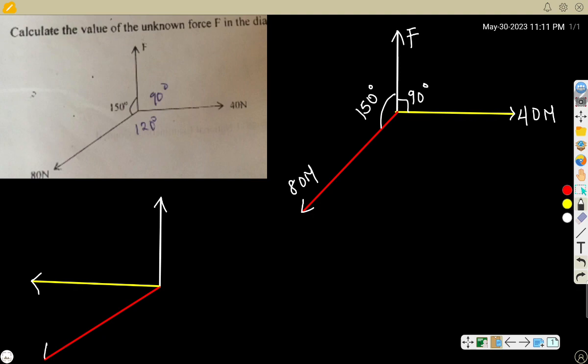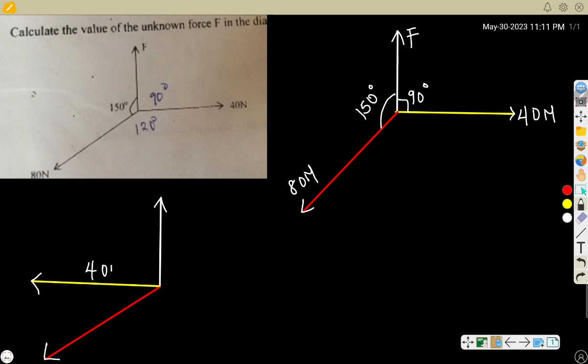Sorry, the arrowhead is in the opposite direction to this now. So that means the equilibrant is opposite of the resultant. So I turn that equilibrant to the resultant. It's still the same, because resultant and equilibrant are equal but in opposite directions.